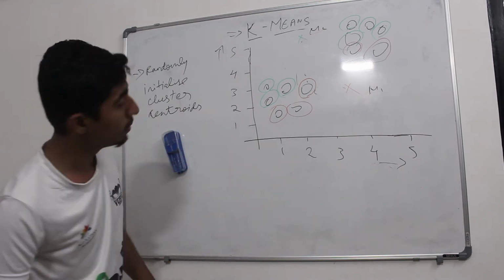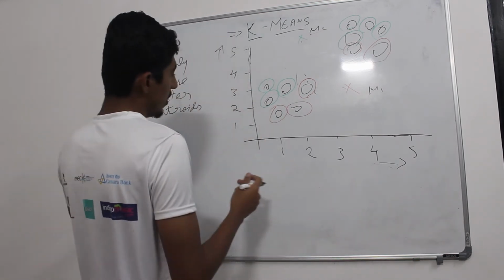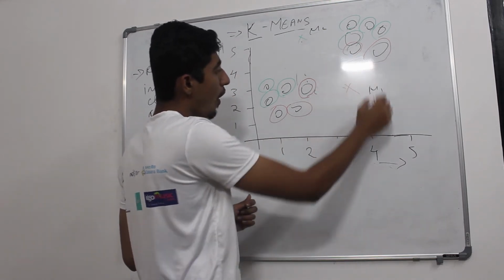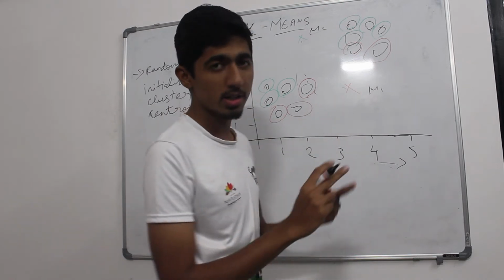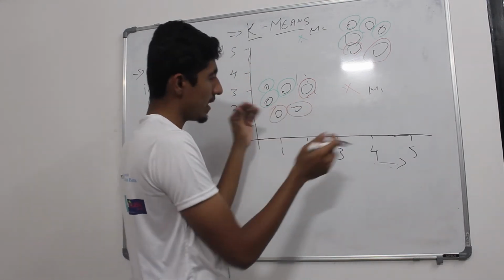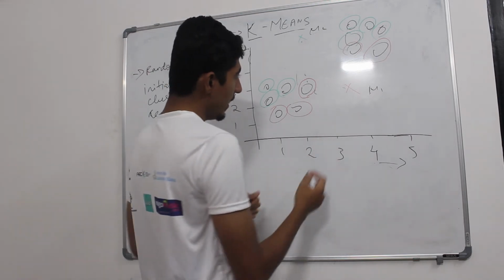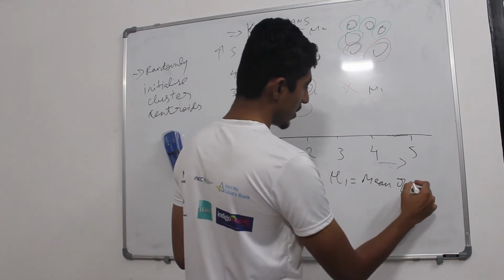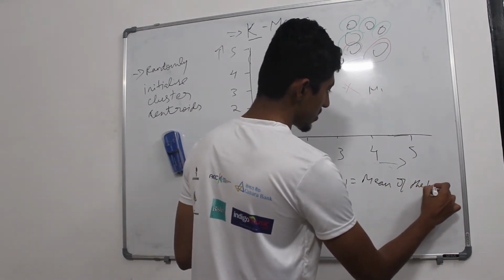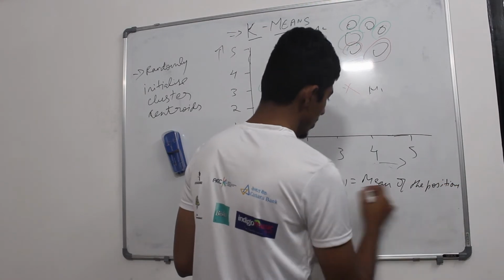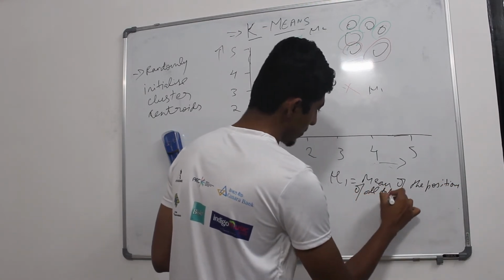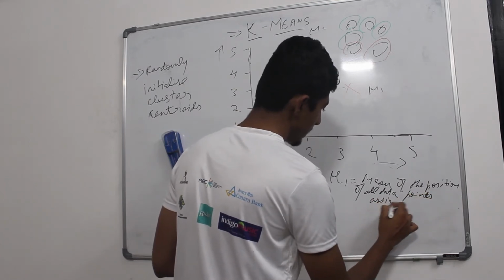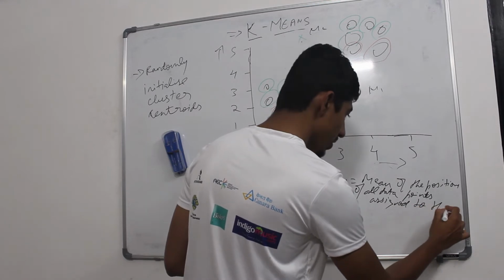Now we are talking about the move centroid step. What the move centroid step does is, it takes the mean of all data points that are assigned to one respective cluster, and as soon as it takes the mean of all of that, mu1 moves to the mean of the positions of all data points assigned to the cluster.